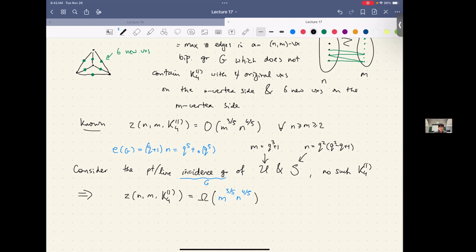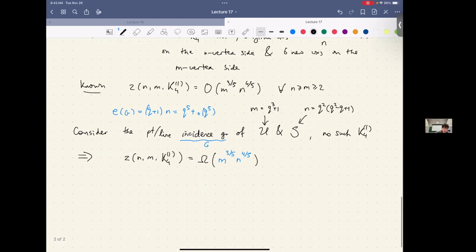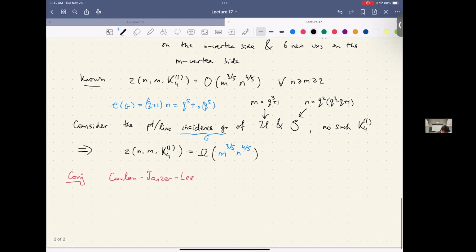So in general, for one subdivision, there's a conjecture by Conlon, Fox, Janzer and Lee that if you look at one subdivision of the symmetric case, one subdivision of K_s, then what they conjecture is big theta of n to the 3/2 minus 1/(4s minus 6).